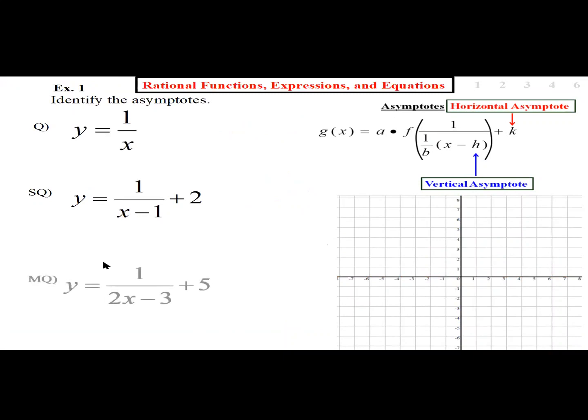Copy this one, example 1 mega q, y equals 1 over 2x minus 3 plus 5.